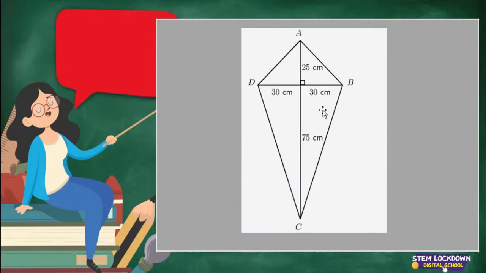So BC will be the square root of 30 squared plus 75 squared. That will give you your BC. And obviously your BC and your CD are equal, because adjacent sides are equal in a kite. BC equals CD, AB equals AD. So with Pythagoras we find BC, which also equals CD, and then we can find the perimeter of the wooden frame that needs to go around the kite. Okay.